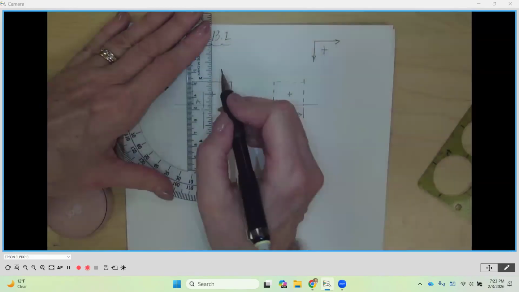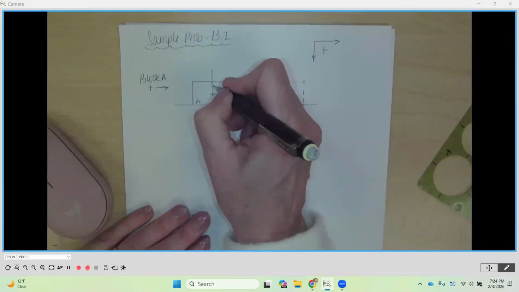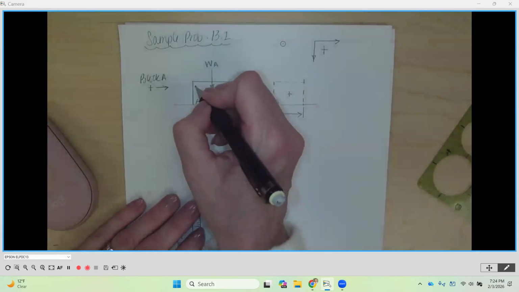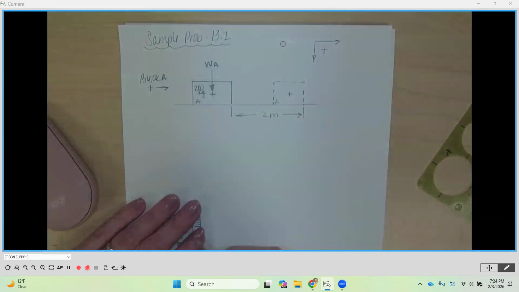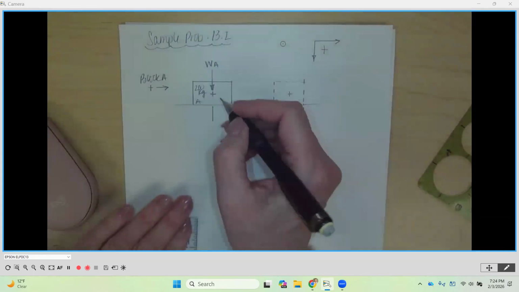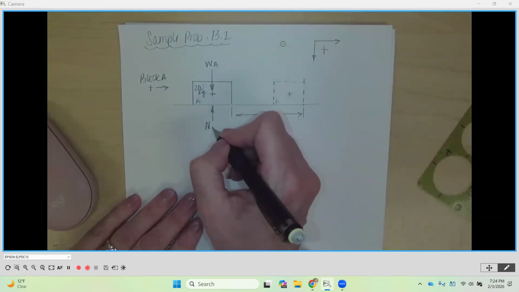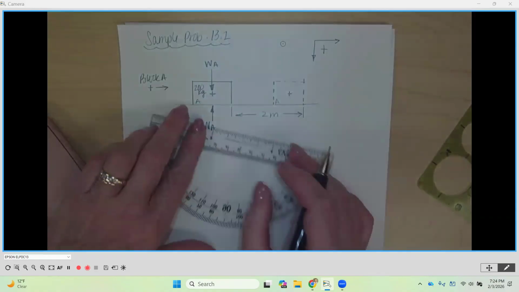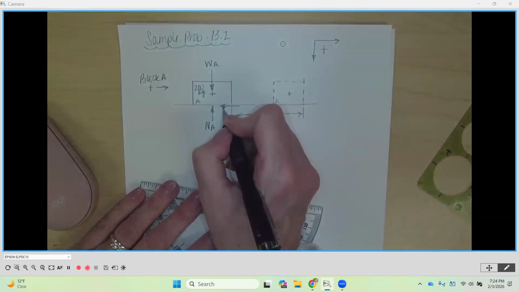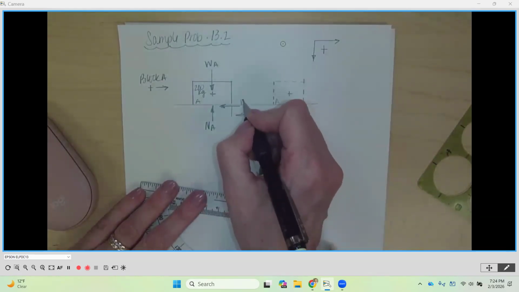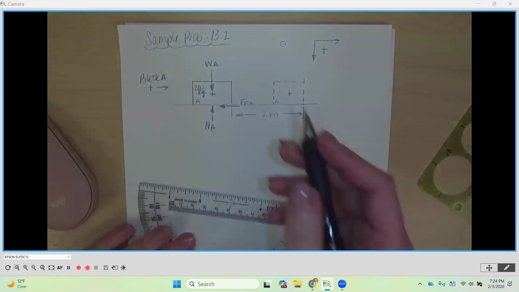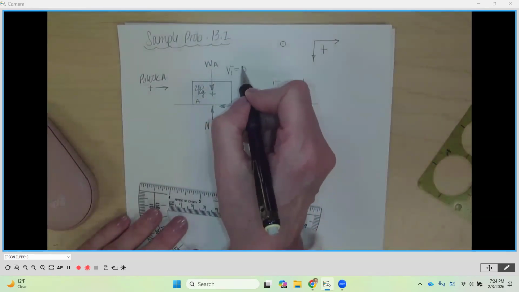Now, block A is going to have a weight. So this is going to be WA. We know that it is 200 kilograms mass. And there would be a normal force or a support force. And we also know that there is a friction force, right? So this is going to be friction force at A. The velocity when it starts out is 0, right?